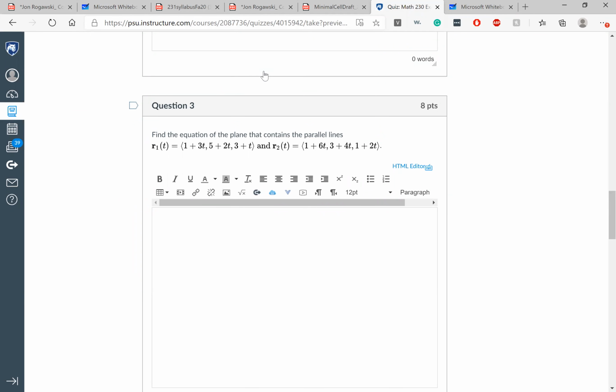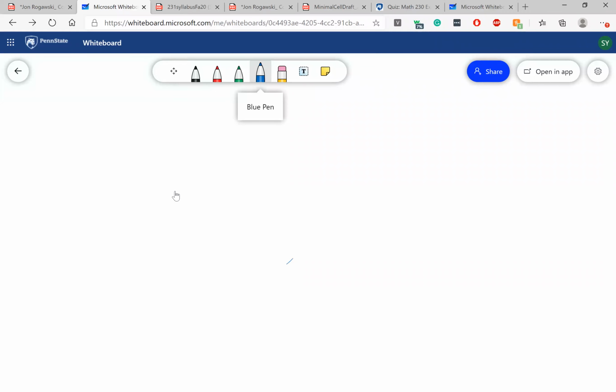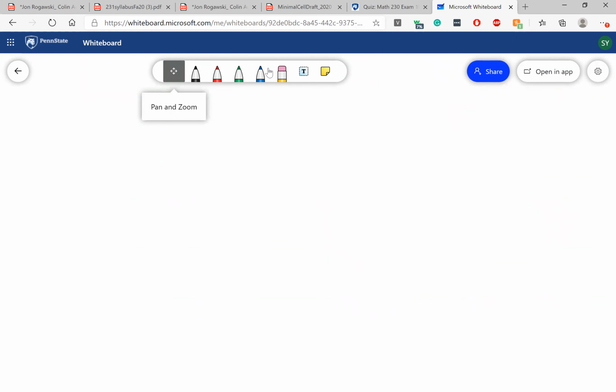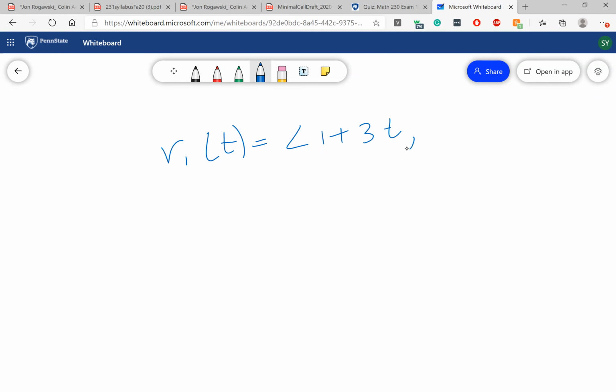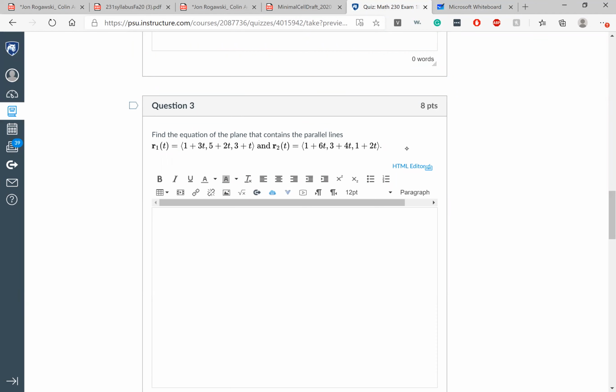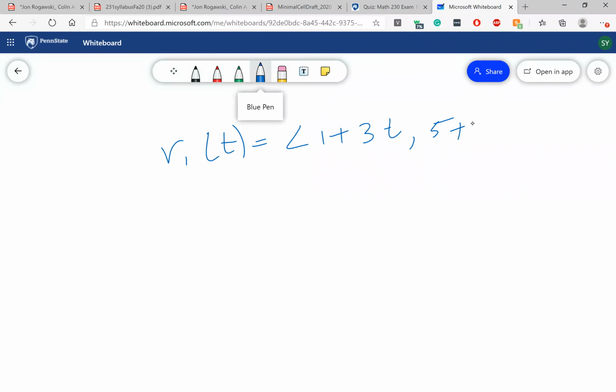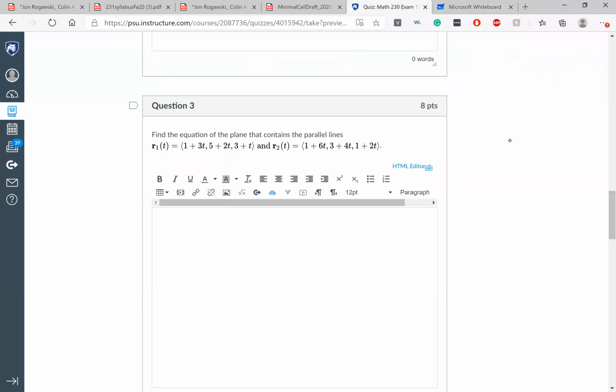Let me actually, my computer's glitched a bit, so let me close some of this. Okay. So for r1 of t, we have 1 plus 3t, 5 plus 2t, and 3 plus t.